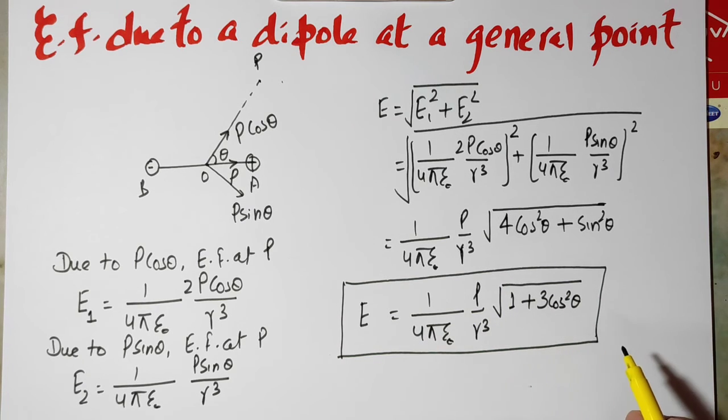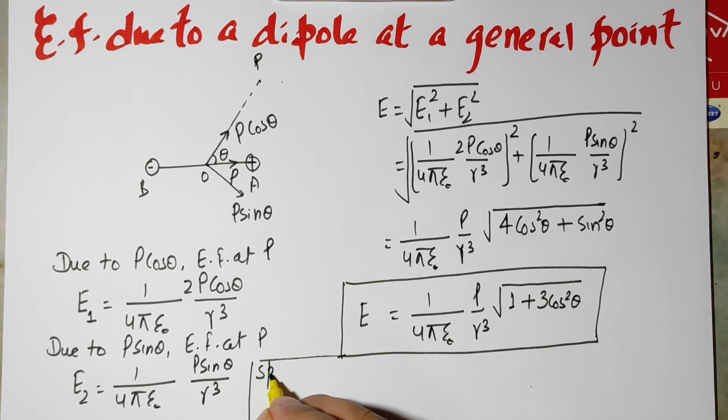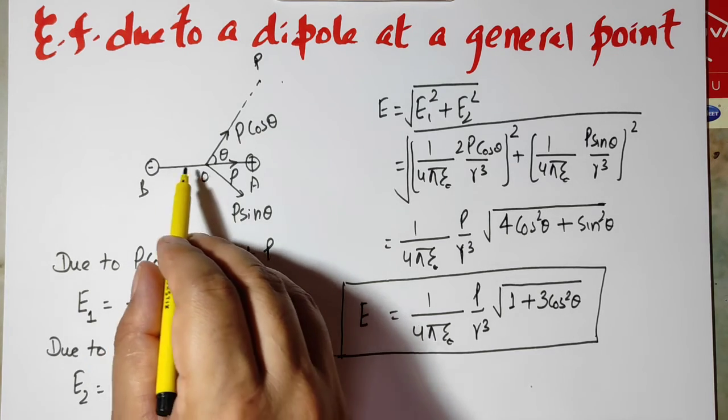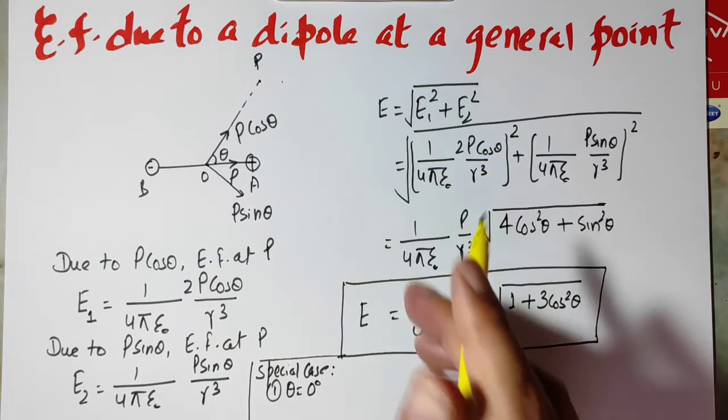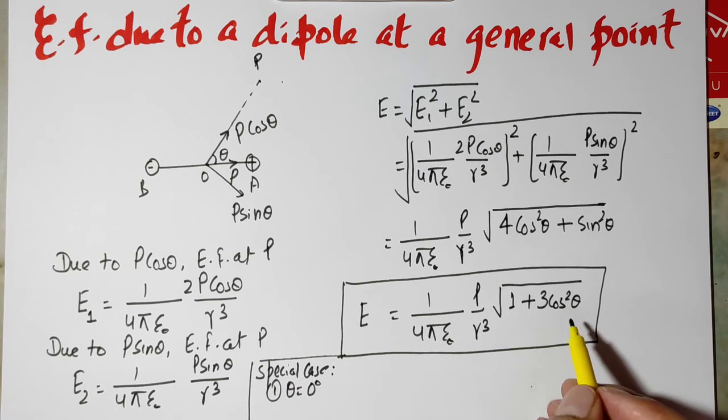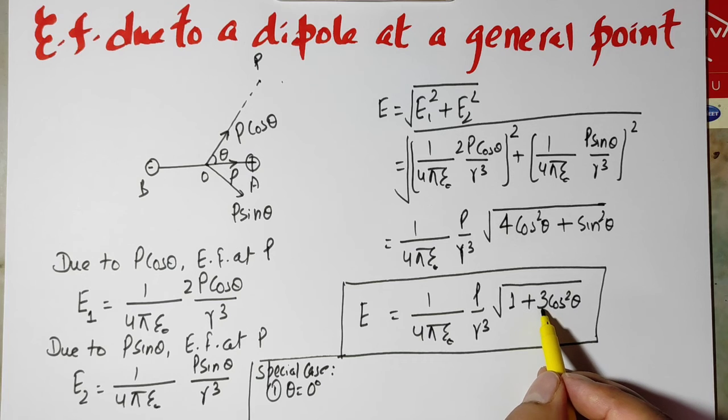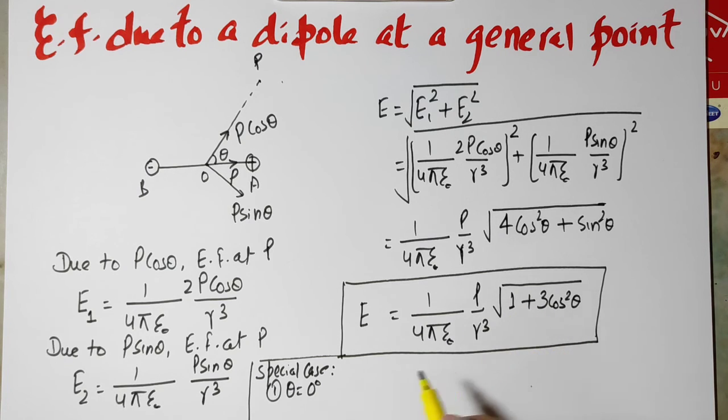Now, see, I'm writing here special cases. So the first special case, of course, is theta 0 degree. If theta is 0 degree, cos 0 is 1, so it is 3, and 3 plus 1 is 4, square root of 4 is 2, and you will have E at axial position 1 upon 4 pi epsilon naught 2p upon r cube.